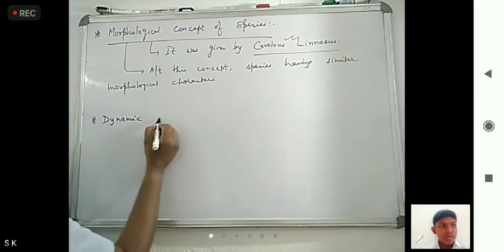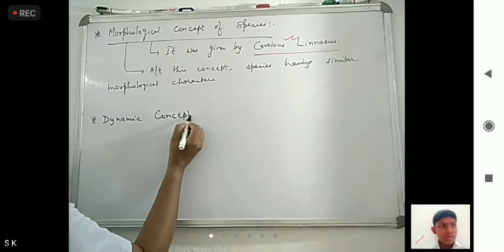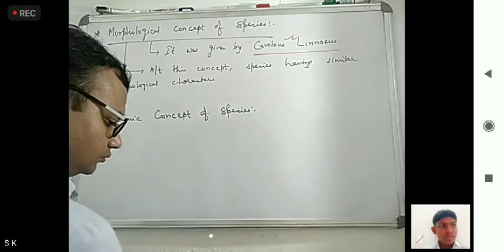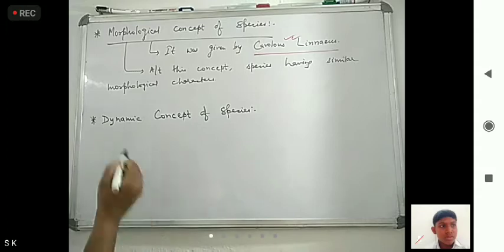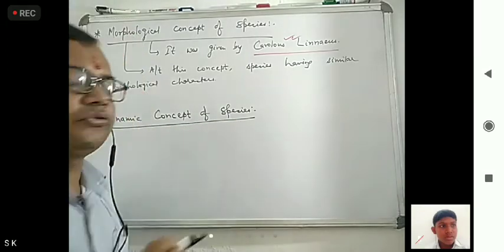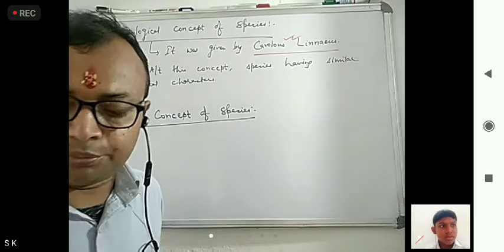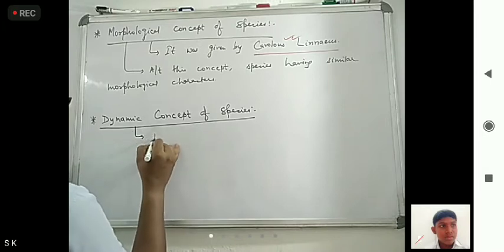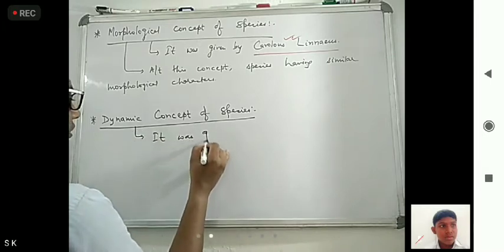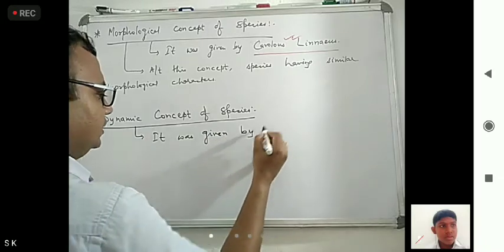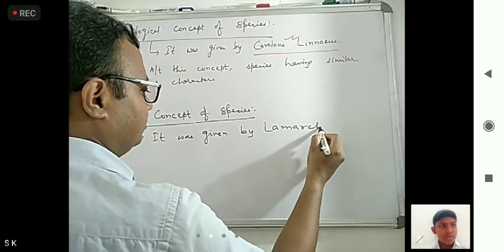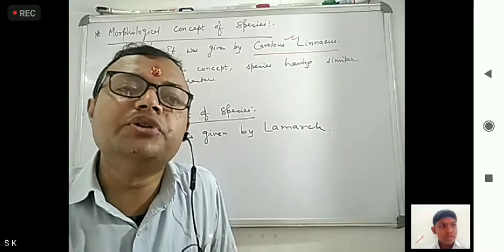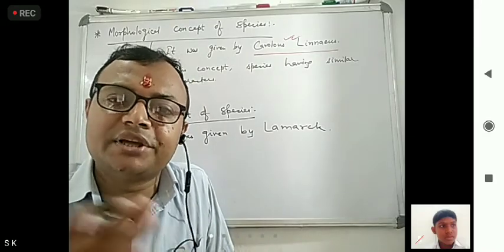Dynamic concept of species. Now, this concept was given by Lamarck. This concept shows that a species is mutable and dynamic in nature.